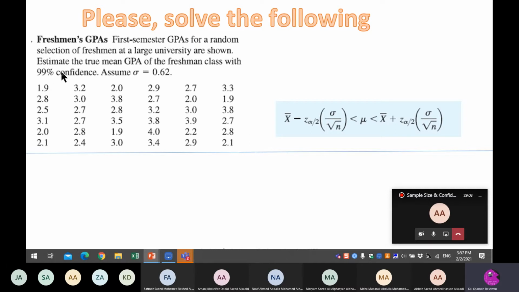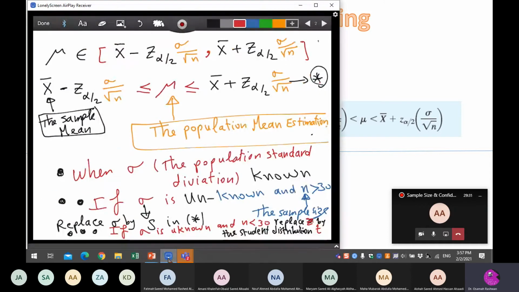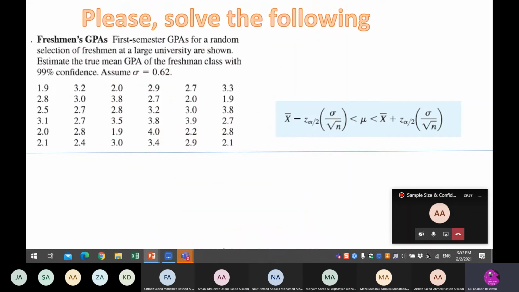So I know alpha from the confidence interval. Or if he said level of significance 1%, it will be the same. Fine? What I need from this sample, he gave it to me. Because the formula has X bar and sigma is already known, this is the right one I'm going to choose, as I said here. This is the first case, right? Good.